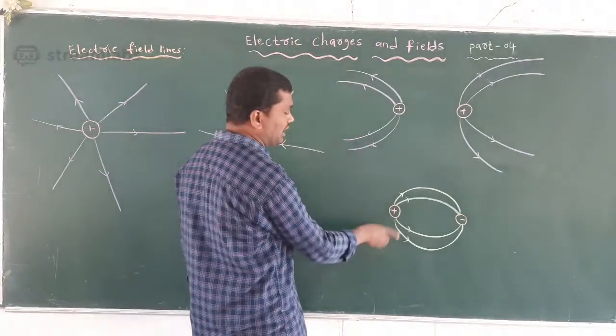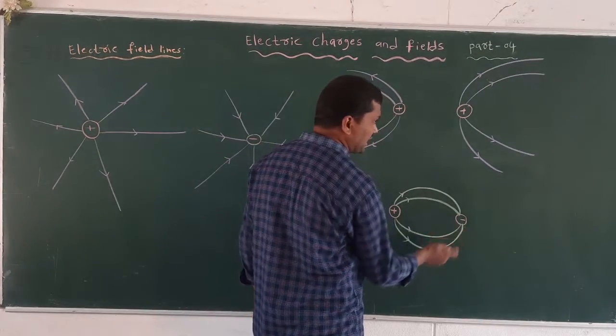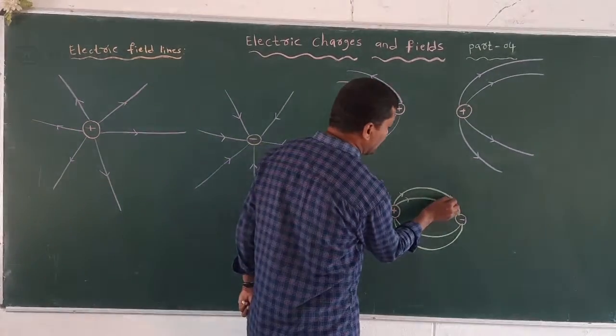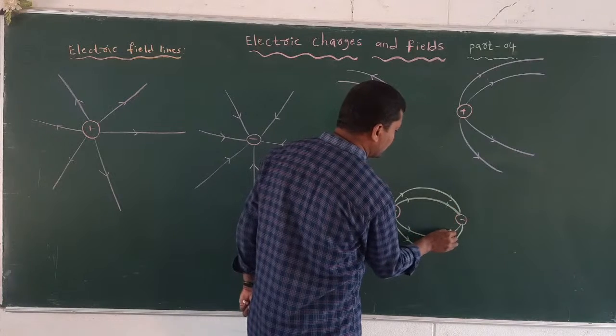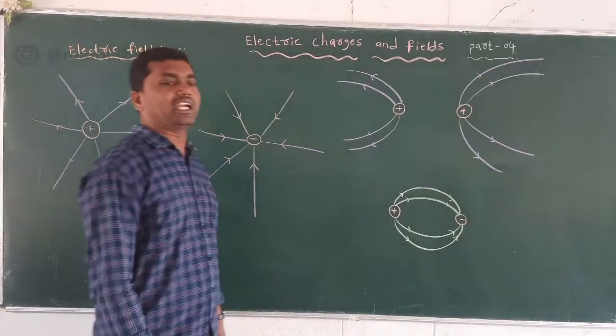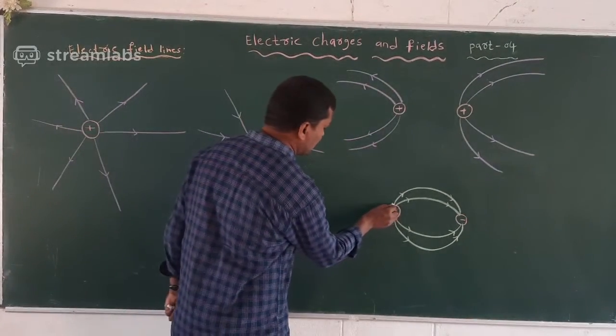So I can draw the arrow marks on this line. Next, for the negative charge, the lines approach the point charge, so I draw the arrow marks towards the negative charge.